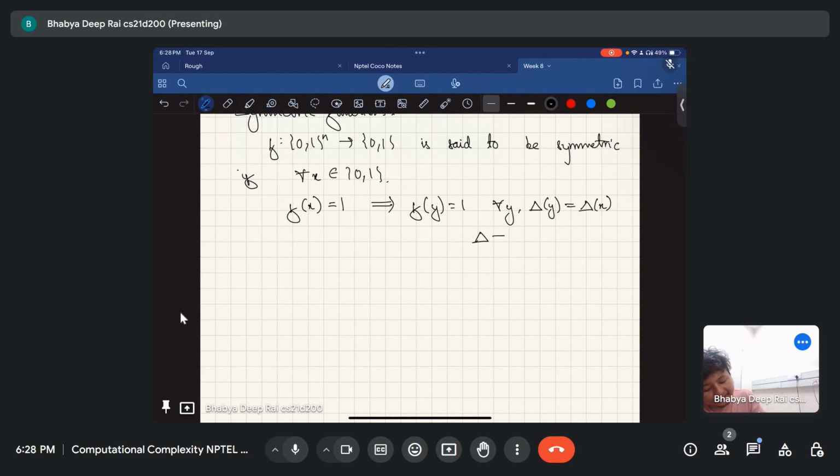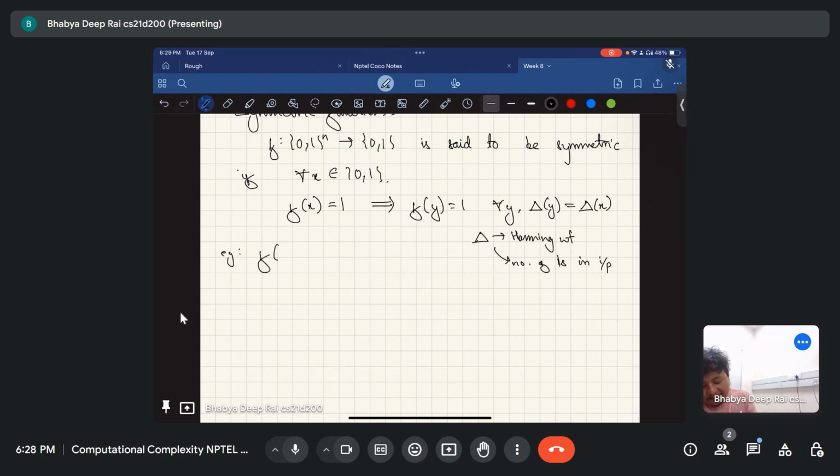Let me represent the Hamming weight by delta. Delta is the Hamming weight, and can also be defined as the number of ones in the input.